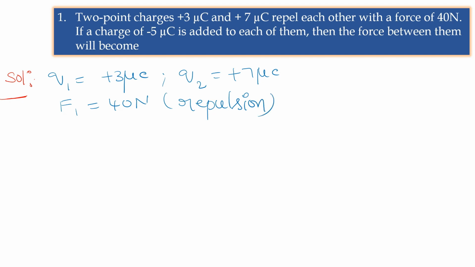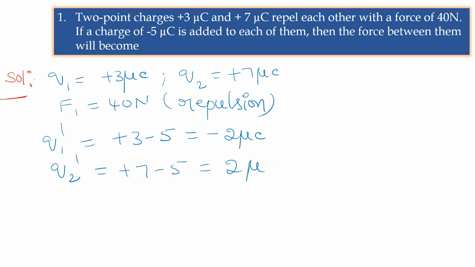Next, when minus 5 microcoulombs is added to both Q1 and Q2, then Q1 dash is equal to plus 3 minus 5, which is minus 2 microcoulombs, and Q2 dash is equal to plus 7 minus 5, that is 2 microcoulombs.